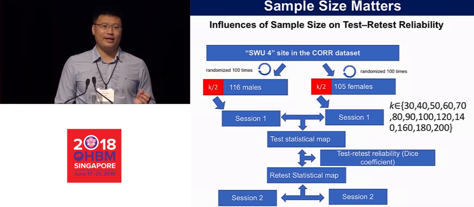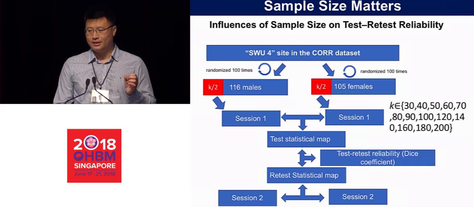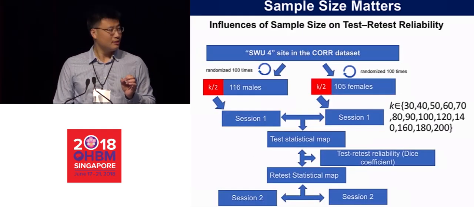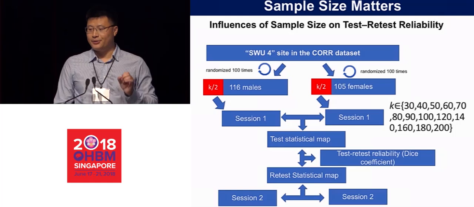Another thing, we just want to test the sample size, the influence of sample size on test reliability. There is a site in the data set with 116 males and 105 females. For example, for sample size 30, we randomly pick 15 males and 15 females.